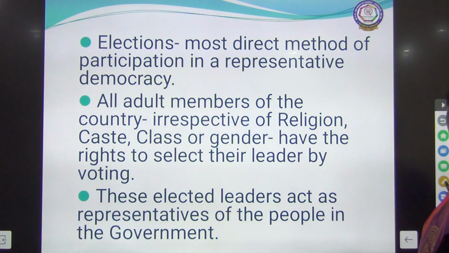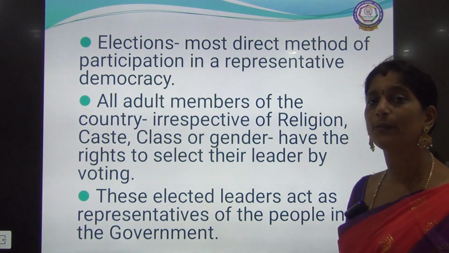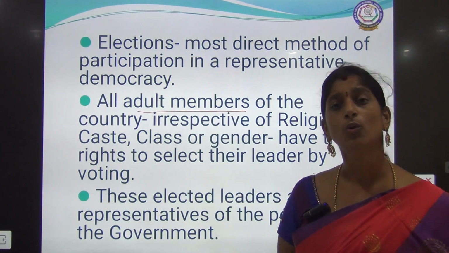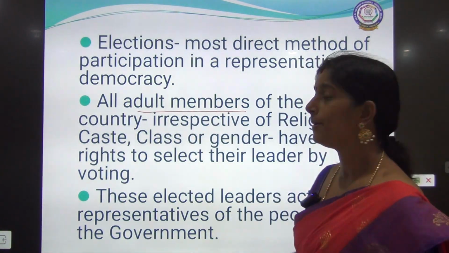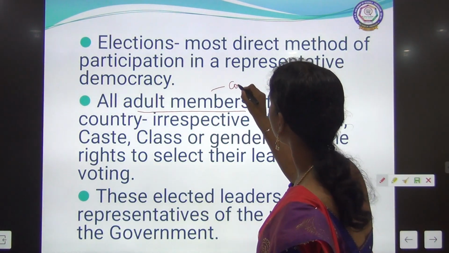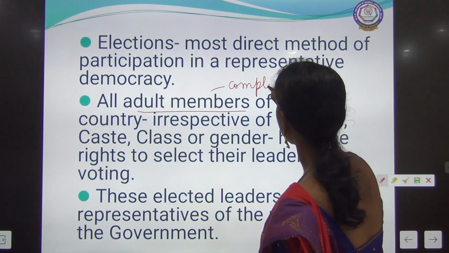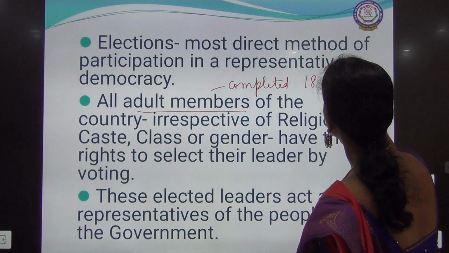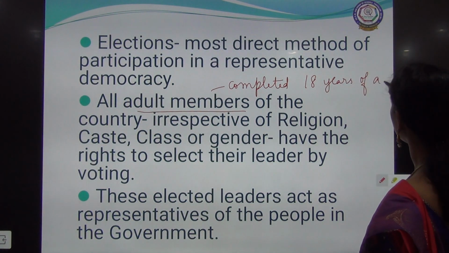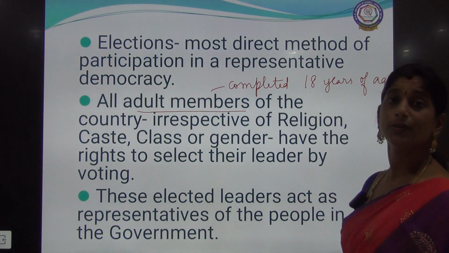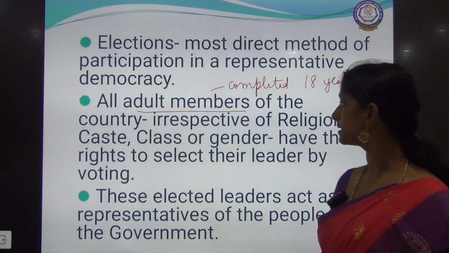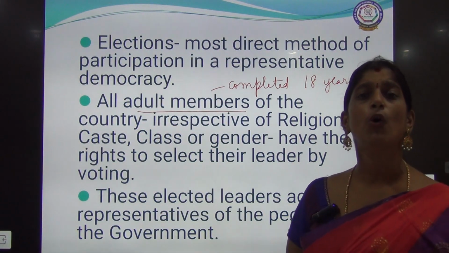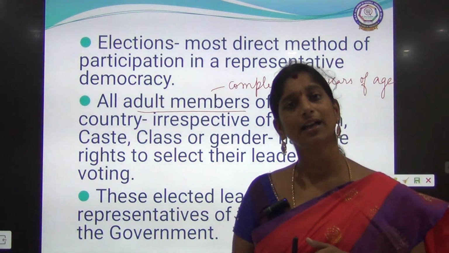We have seen already in our previous civics lesson, all the adult members of the country. Who are the adult members of the country? People who have completed 18 years of age. They are called adult members. So all the members of the country, irrespective of all the diversities. What are diversities?